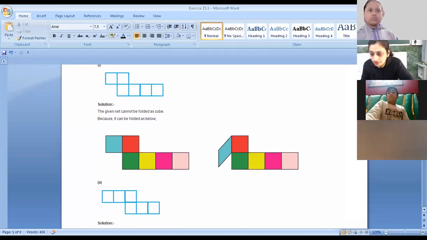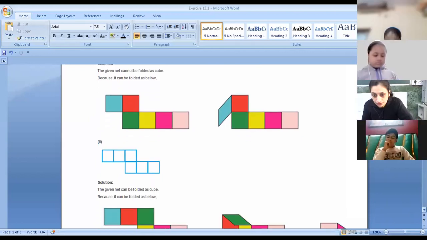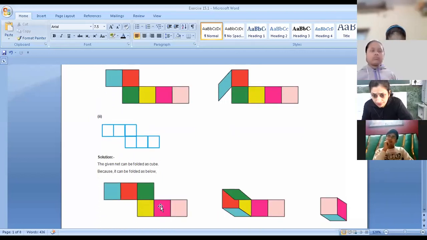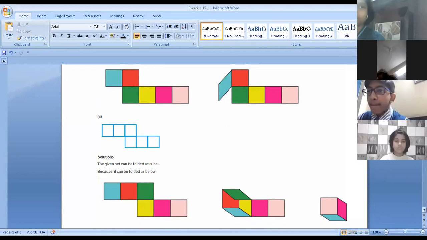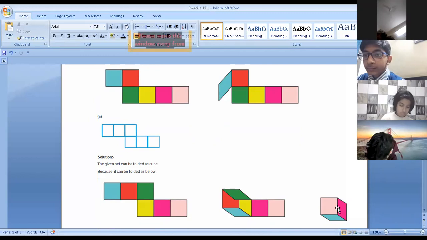This is the second figure given in your book. Try to fold this. When you are folding this net, it's going this way, the face is this way, edges are going this way. So is it possible to make a cube from the second net?